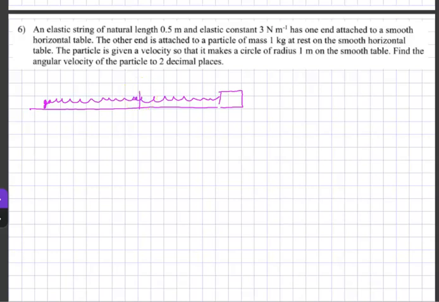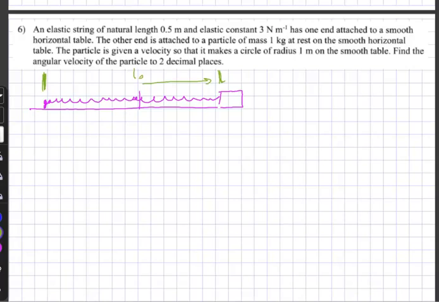So there's been an extension. There's your L naught. Here now is going to be your L, from your starting point, and your mass is being pulled out.